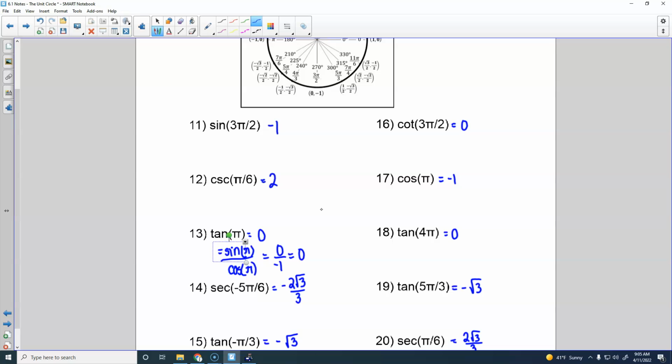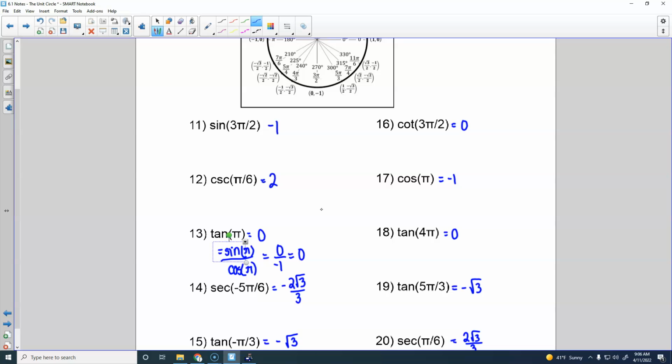Okay, we're going to take a little more class time to do some more practice on this. So you do not have to do the chart up there at the top.